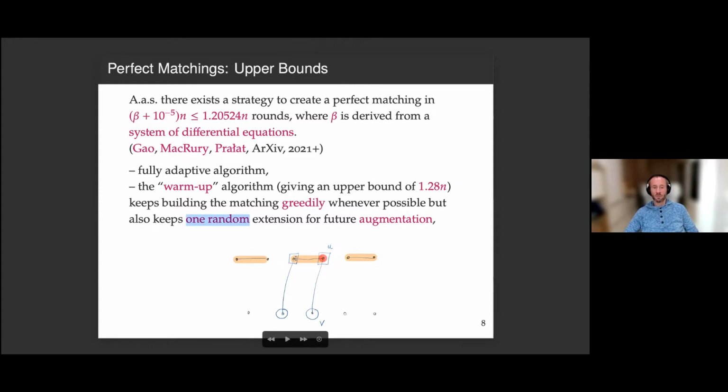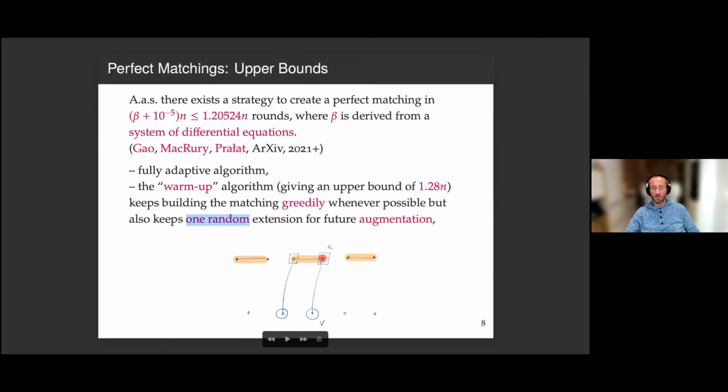You still might want to go randomly to the unsaturated nodes. And why do we do that? Because when I make an augmentation, and let's say replace that edge of the matching with those two edges of the matching, if I have some extra squares going outside randomly, then even after augmentation, I have some vertices with at least one square that are ready to be augmented as well, right?